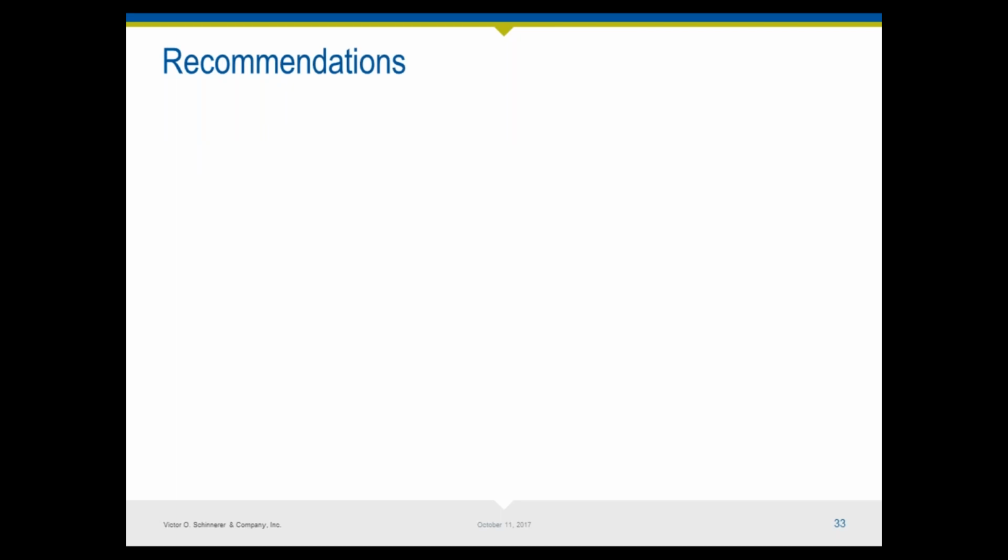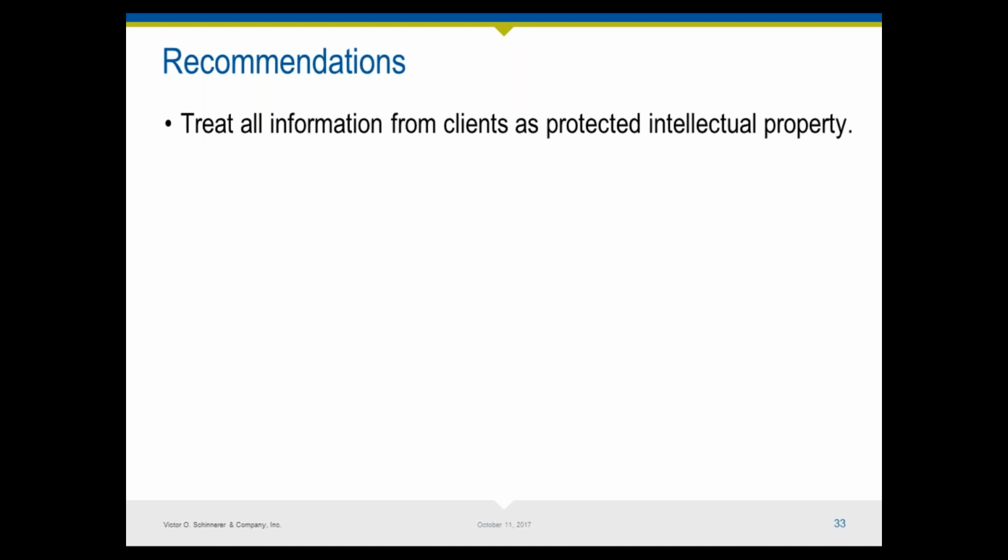And the recommendations, I want to make sure you know that intellectual property is more than just what you create. Owners are very concerned about keeping their information confidential. That's why they have you sign those non-disclosure agreements. So treat all information as if it were protected intellectual property.